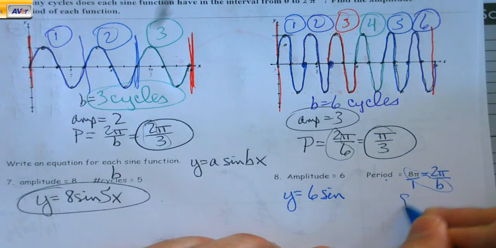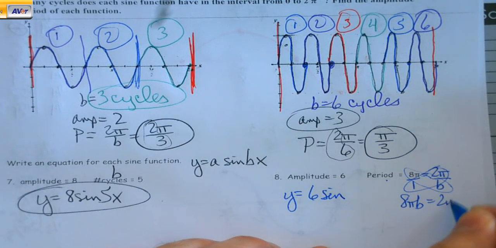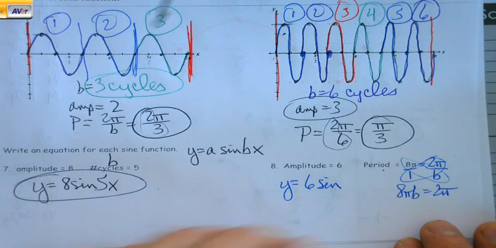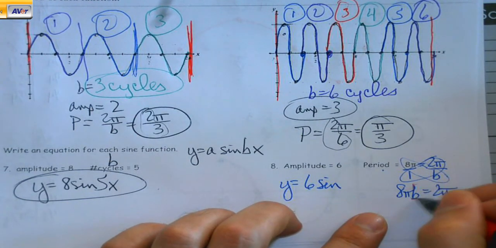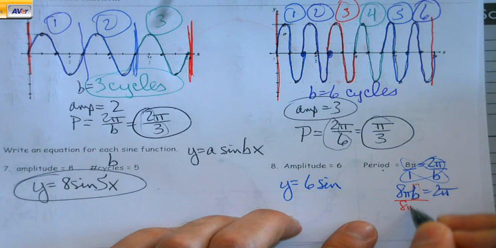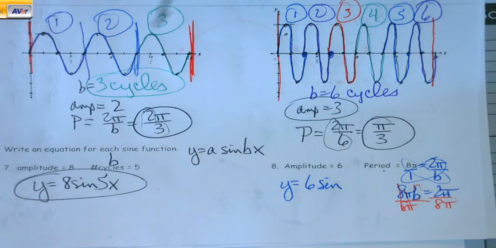I'm going to do some cross multiplying. And since I'm trying to figure out what B is, whatever's with B is what I'm going to divide by.